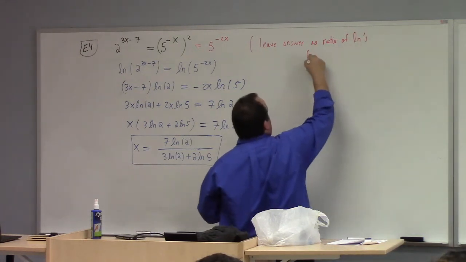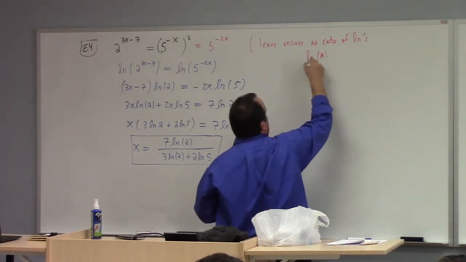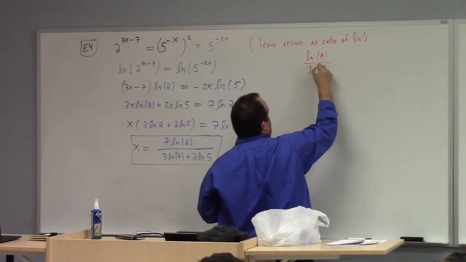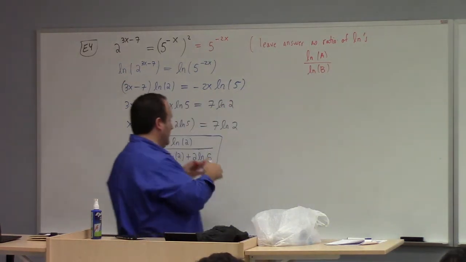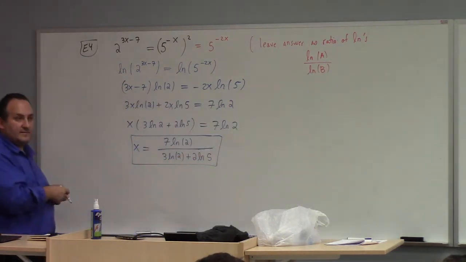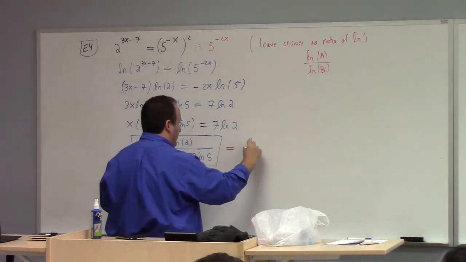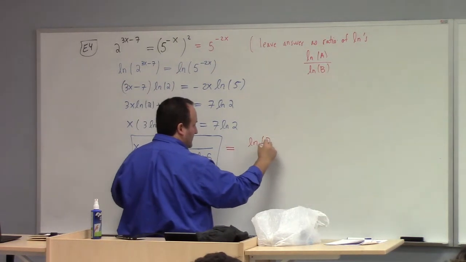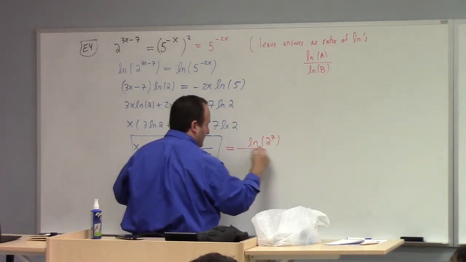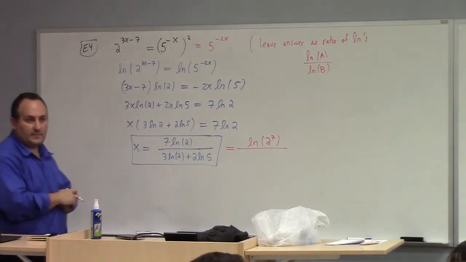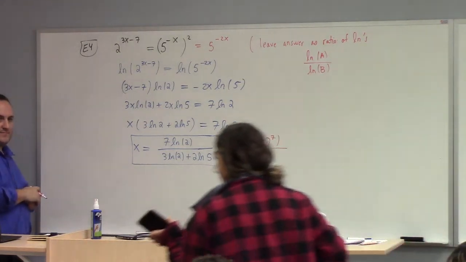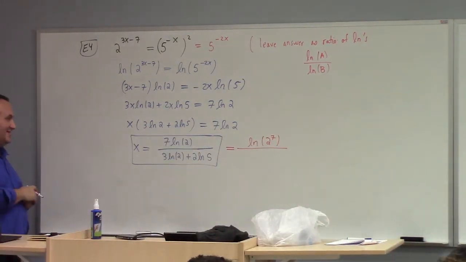Write the answer as the natural log of something divided by the natural log of something else. Can you do that? I'll do the easy part. Natural log of 2 to the 7. Oh, okay. That's right.